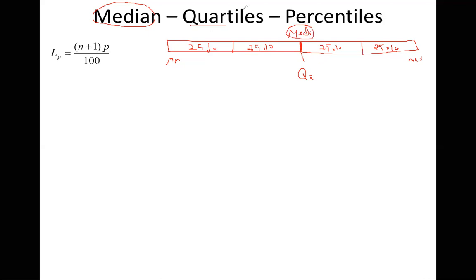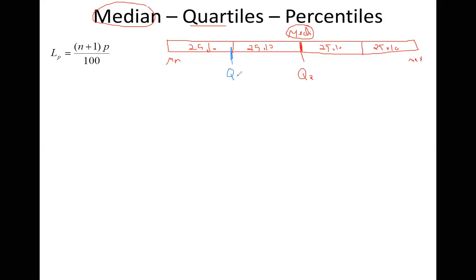With quartiles, you are dividing the data into quarters. The value that has 2 quarters less than and 2 quarters greater than, we name it the second quartile, or Q2. By the same logic, the value that has only 1 quarter less than, 25%, will be Q1.